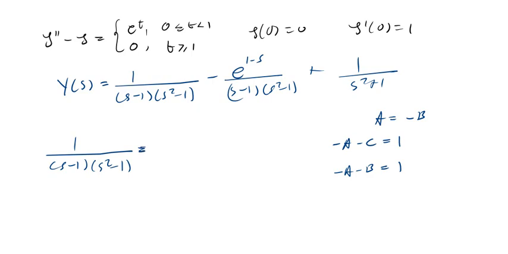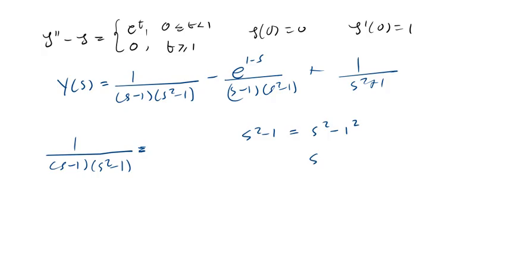So for that part, let me try to write it this way instead. Since we have s squared minus 1, I can write this as (s minus 1) multiplied by (s plus 1), like that.